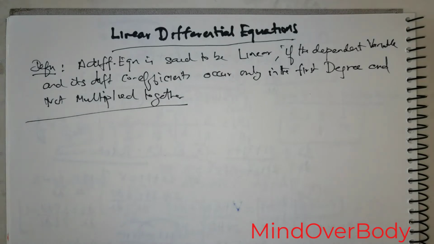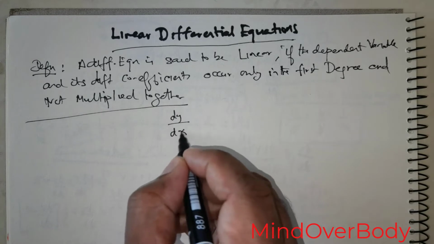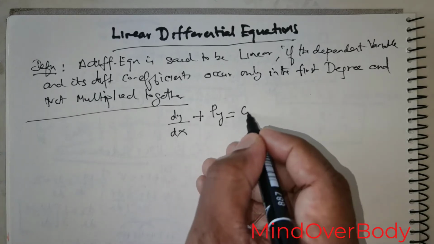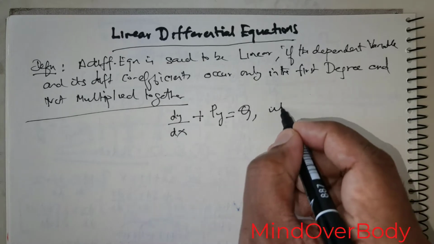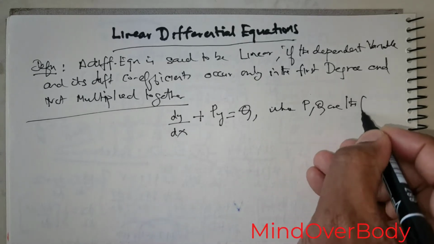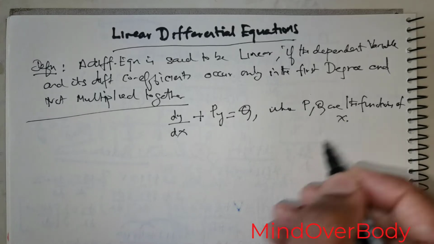Now the meaning is we are looking at a system in this fashion: dy over dx plus p times y is equal to q, where p, q are functions of x.